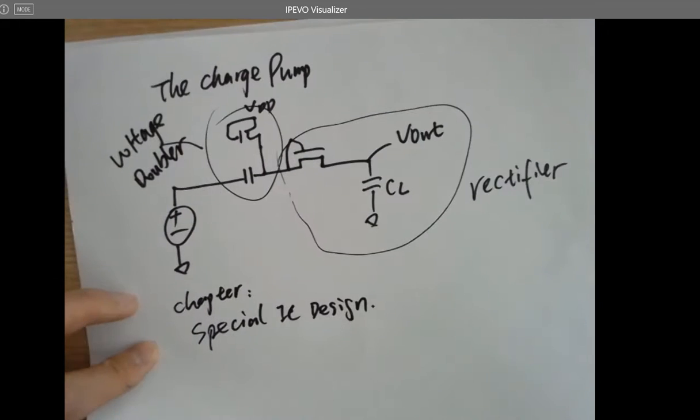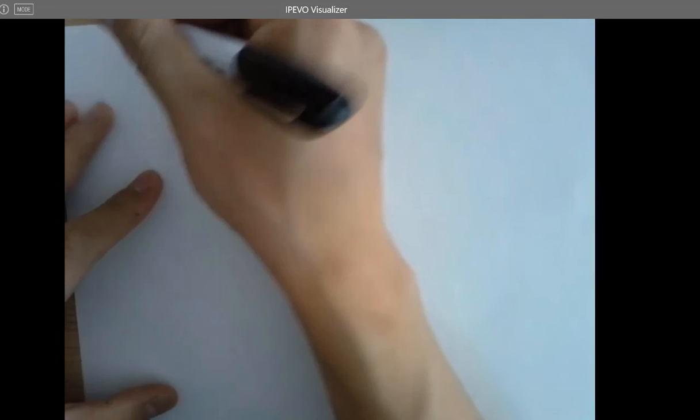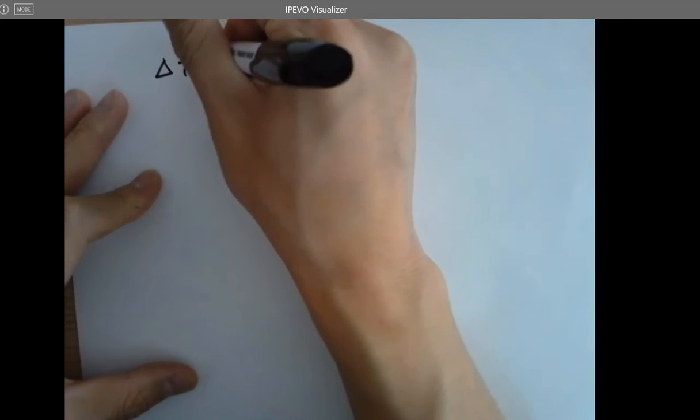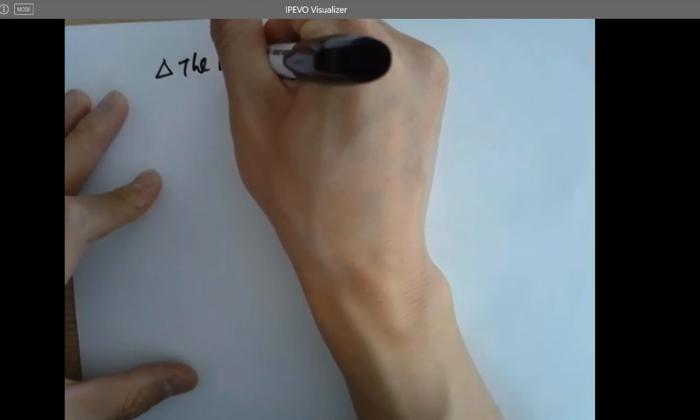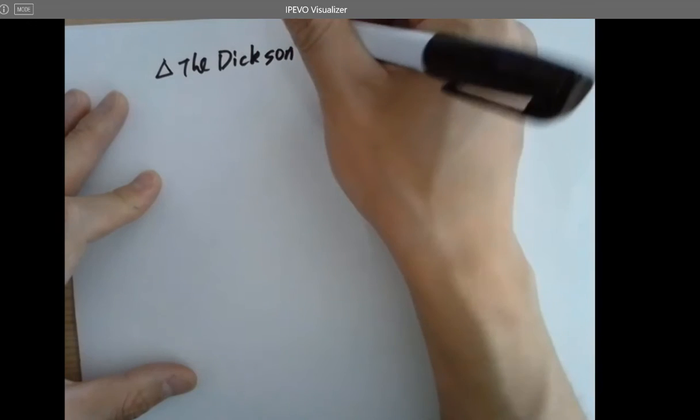And we can further boost the voltage by connecting more charge pumps in series. And the circuit looks like this. It's called the Dixon charge pump.